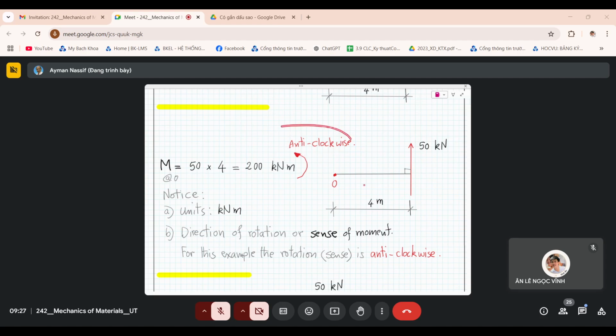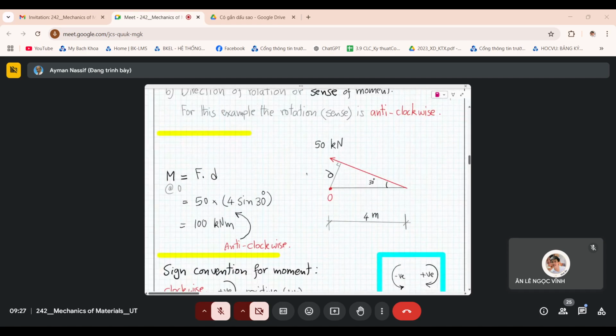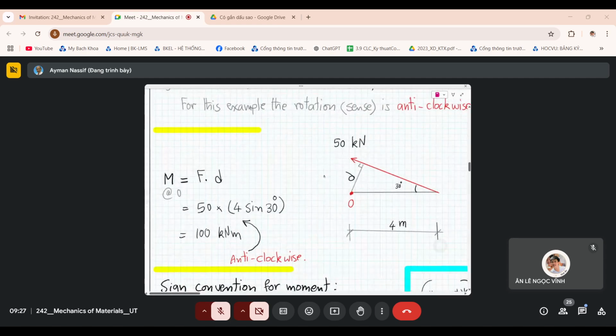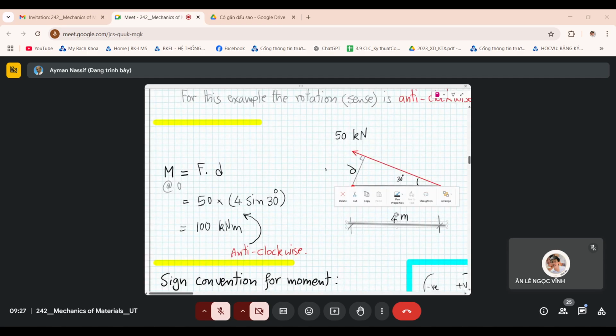If any of these is missing, the answer is not correct. All this information must be clear when you provide your answer. So thank you very much to everyone who did this example. And here it is. Again, we are talking about the moment of this force about a specific point O. So it's F times D. F is clear.